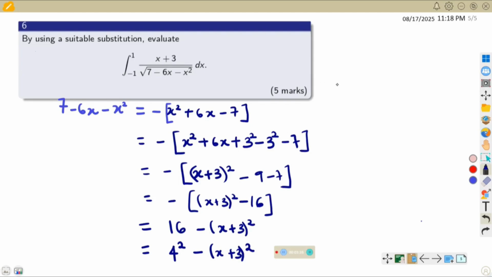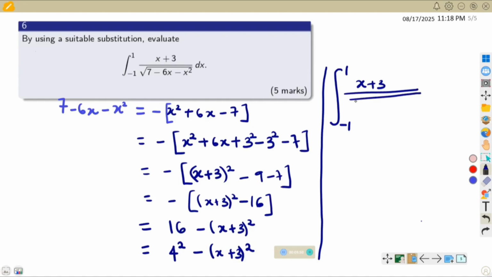Remember, instead of having what is under the square root, we shall say it is the same as having the integral from negative 1 to 1 of x plus 3 divided by the square root of 4 squared minus x plus 3, which is squared, dx.